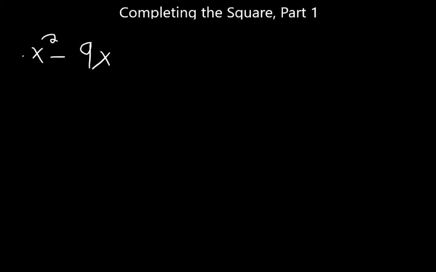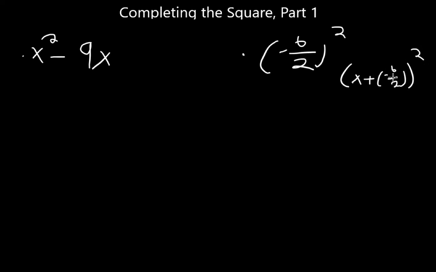Alright, last example, we have x squared minus 9x. First, let's see what we expect it to be. So we expect that we should add negative b over 2 squared and end up with x plus negative b over 2, all squared. So why don't we see what happens?